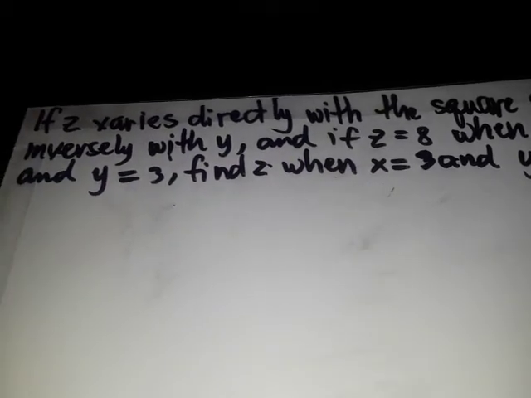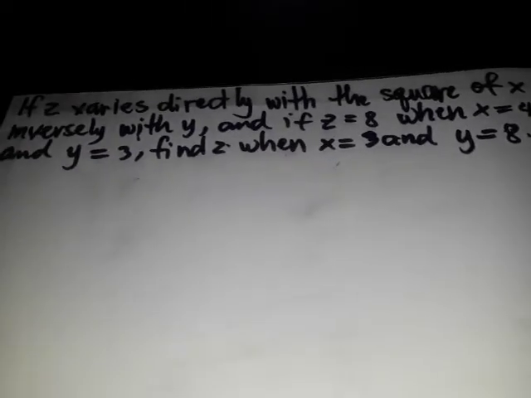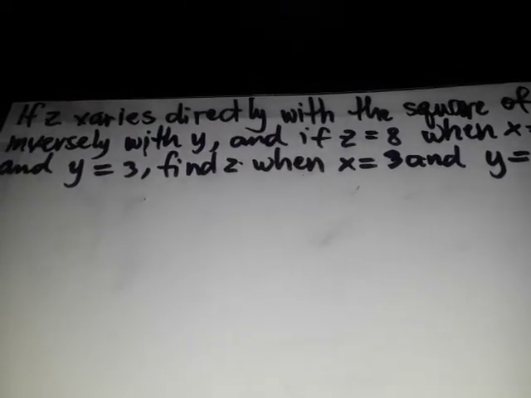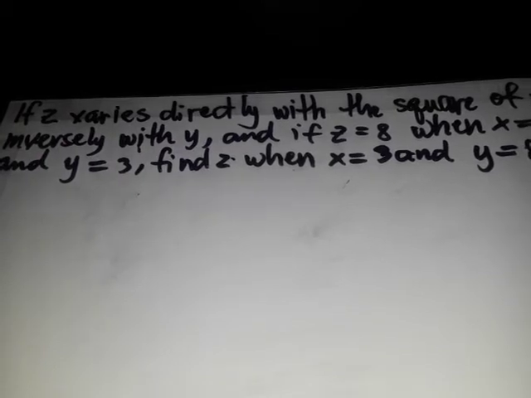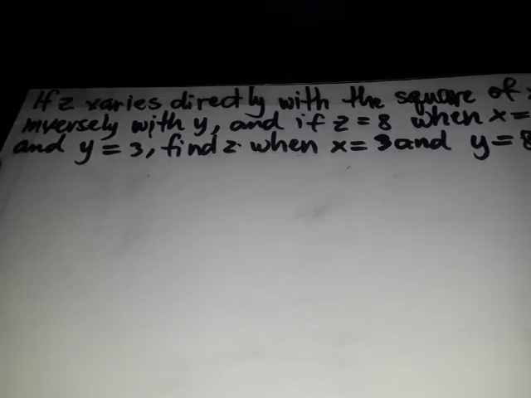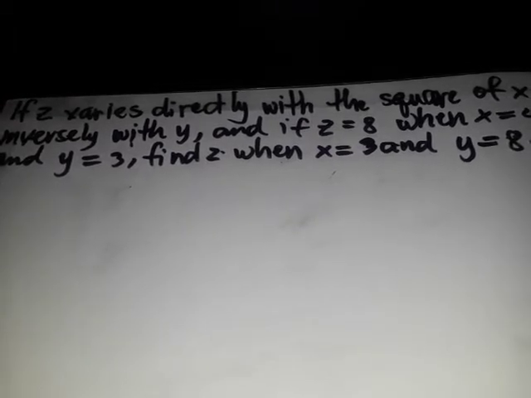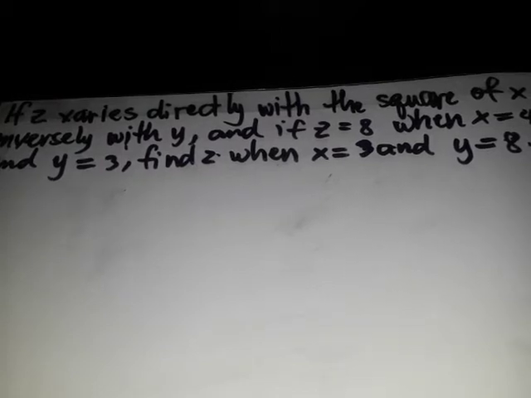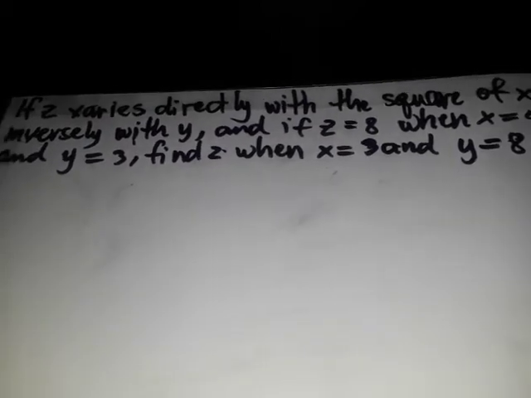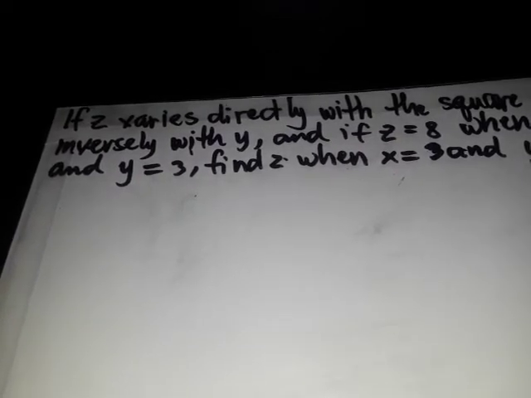If z varies directly with the square of x and inversely with y, and if z is equal to 8, when x is equal to 4 and y is equal to 3, find z when x is equal to 3 and y is equal to 8. So, at this time, ang example na to ay combination. Okay? It is a combination of direct and indirect.